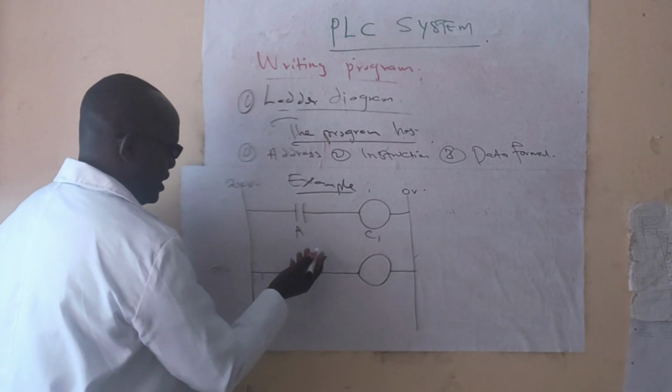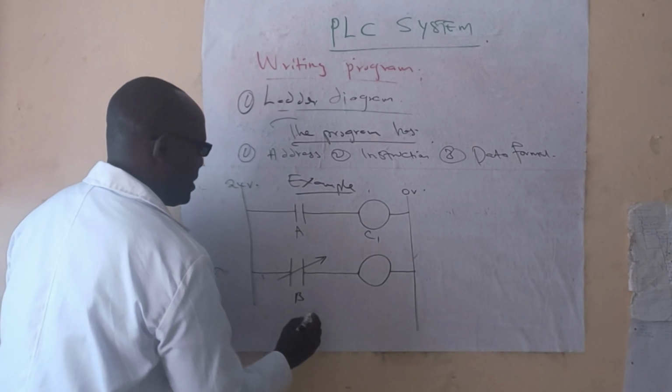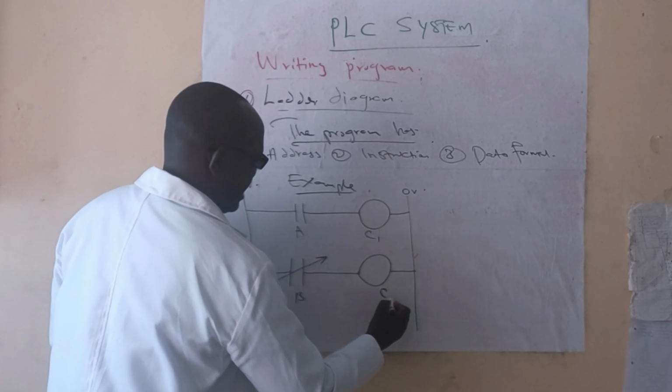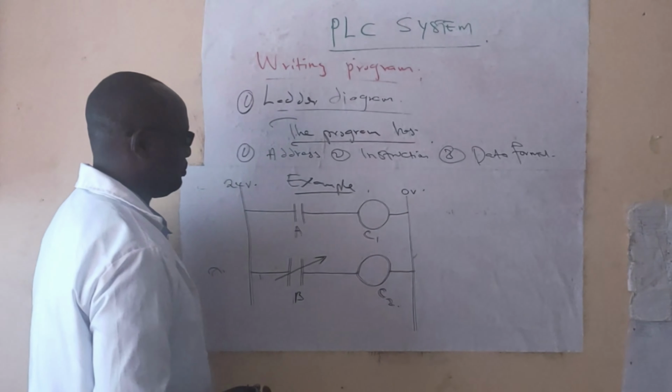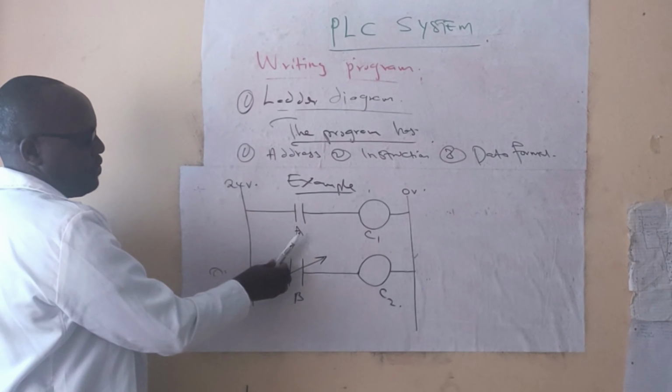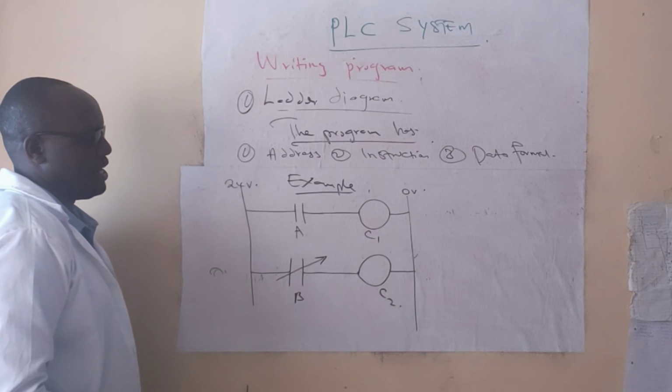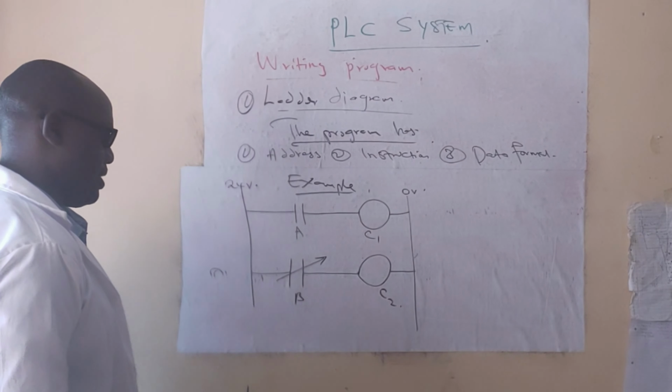We can say this is P and this is relay 2. When you see this, that one is the normally open.